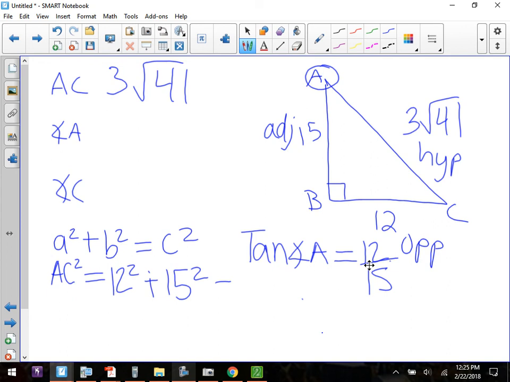Over 15. And then since you're trying to find angle A, you do the inverse thing.